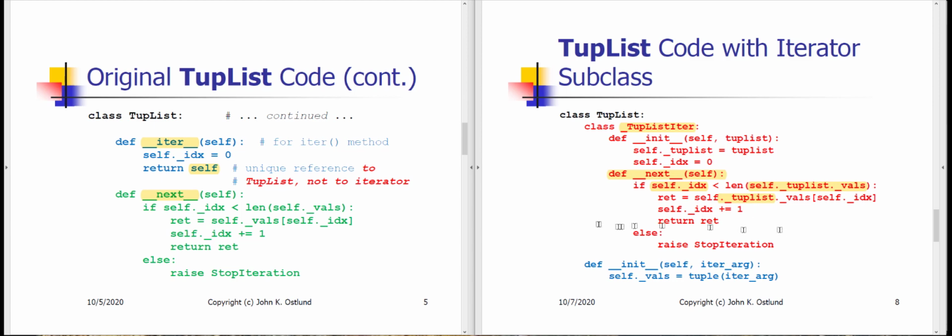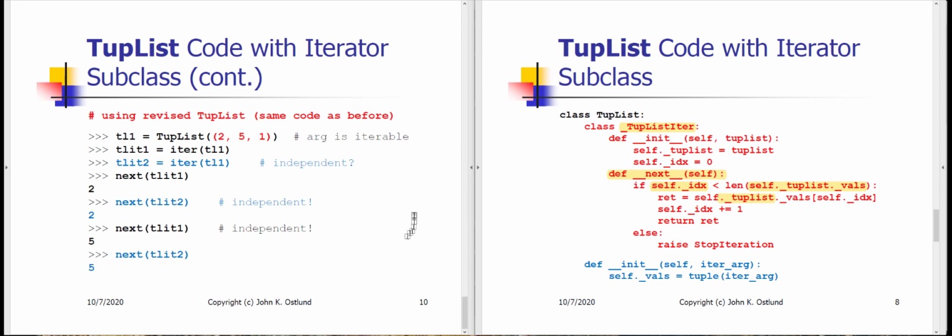Okay, so now with this revised code, the iterators are independent. And so here on slide 10, this is the same code that we showed previously for the version of the TupList class that did not have independent iterators. But now with these changes that we've made and the introduction of this TupList iter subclass, the iterators are now independent of one another.